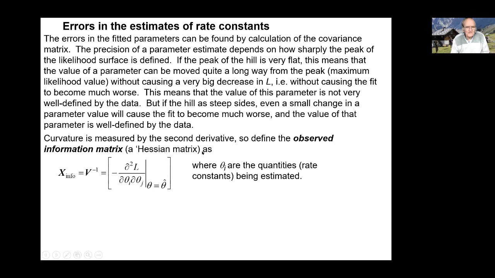The curvature of a surface is measured by the second derivative. That can be defined for any number of parameters in this way. And that derivative, this is a matrix, of course, because it refers to the ith and the jth free parameter. And this is the curvature of the likelihood surface at its peak.